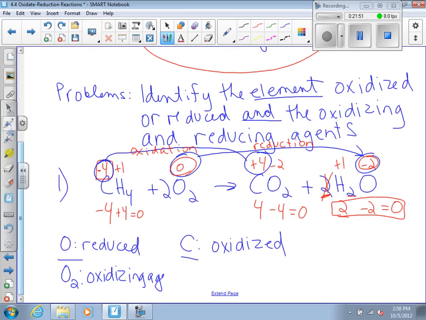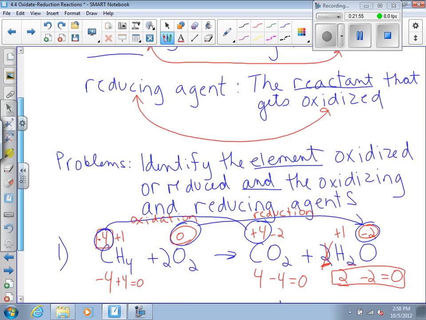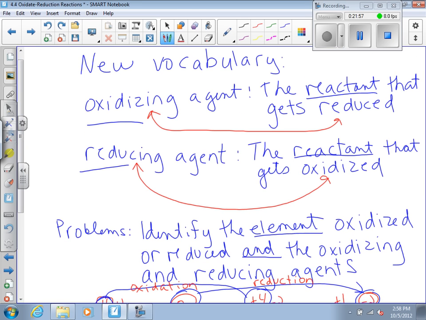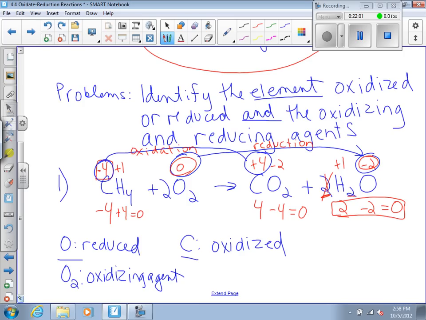It's a little confusing. If you get reduced, you're the oxidizing agent. And the reducing agent is the reactant that gets oxidized. It's the whole reactant, not just the element. So CH4 is the reducing agent.